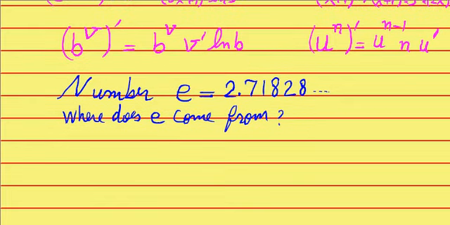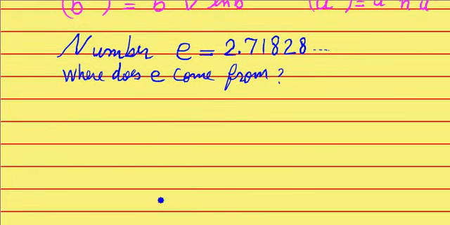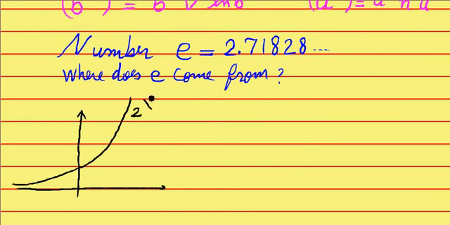First place we saw this, we said if you take a look at various exponential functions, like 2 to the power of x, it looks something like this. If you look at, say, 3 to the power of x, it looks perhaps like this.